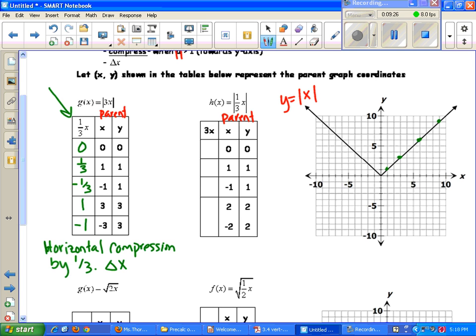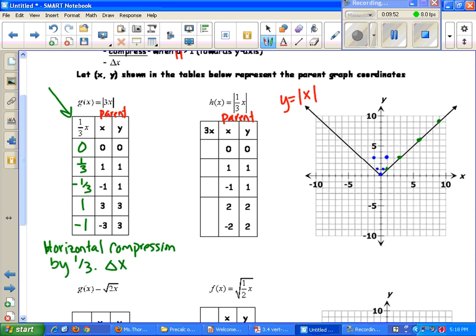So what I'm going to do is take those x values and multiply them by 1/3. So I have 0, 0 on my graph, and then we now get 1/3, 1, which is here. We have -1/3, 1, which is on the opposite side. Then we had 1/3, which would be right here, and -1/3.